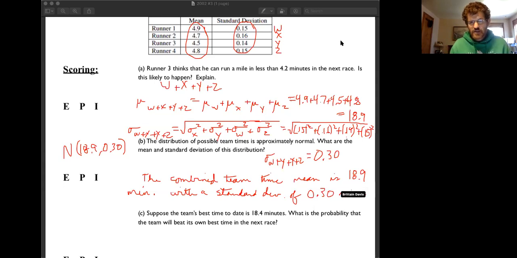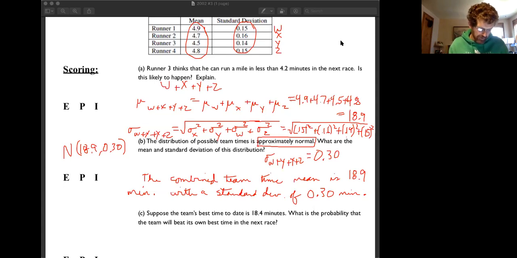All right, so that sentence right there just shows that you understand how this applies in the context. So this little note right here, how it's approximately normal, is when you combine normally distributed random variables together, it creates an approximately normally distributed combination.